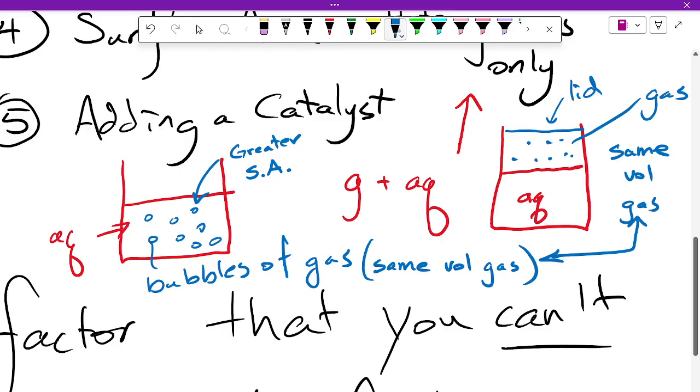Greater surface area, and therefore, what would you have more of? Collisions.